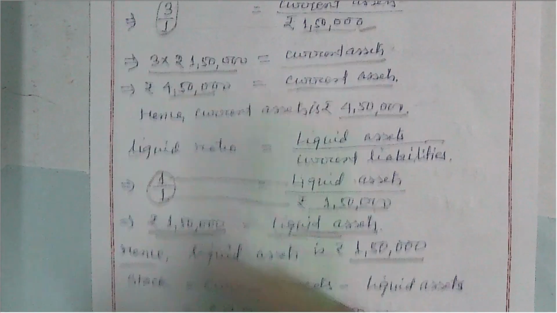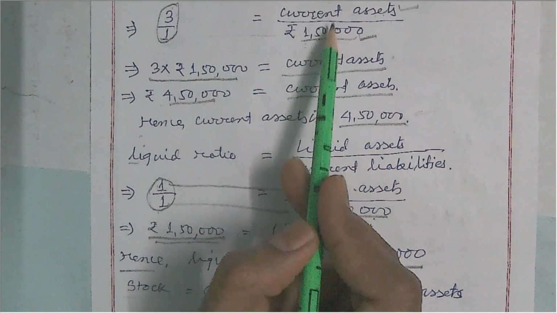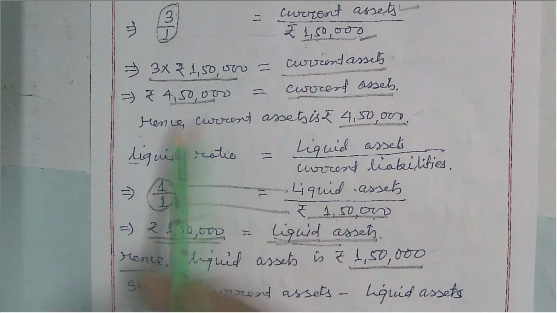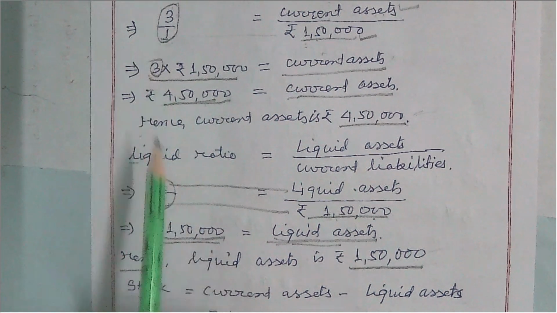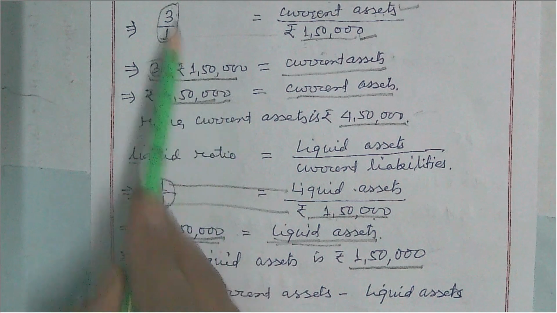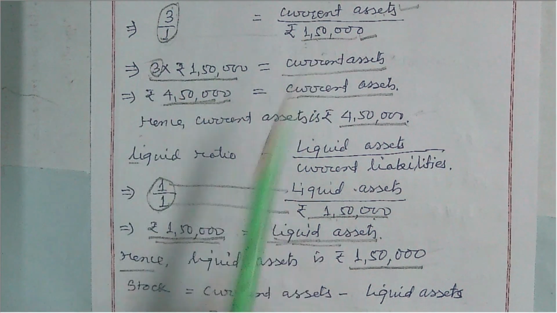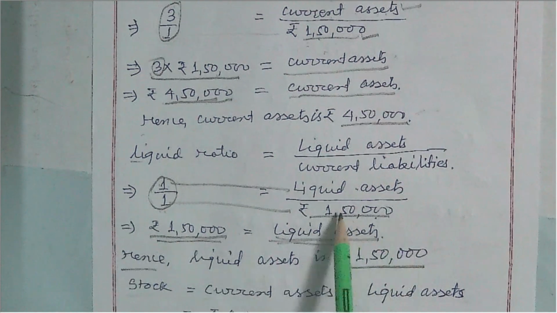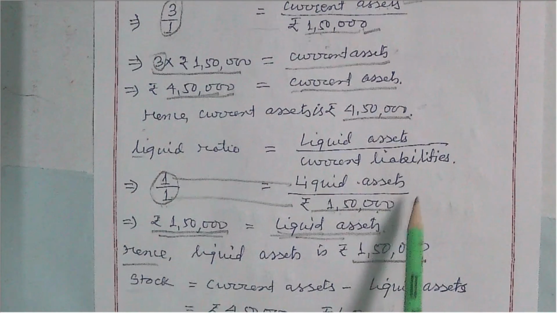Here 3/1 means current assets is 3 times of current liabilities, so that is why it is multiplied to get 4,50,000. We get the result by multiplying by 3. So 3:1 means the current assets is 3 times of current liabilities, and 1:1 means liquid assets and current liabilities are the same, equal value.